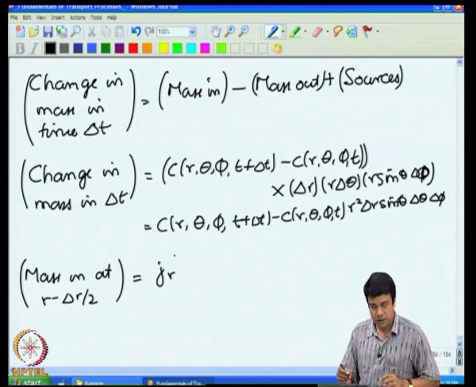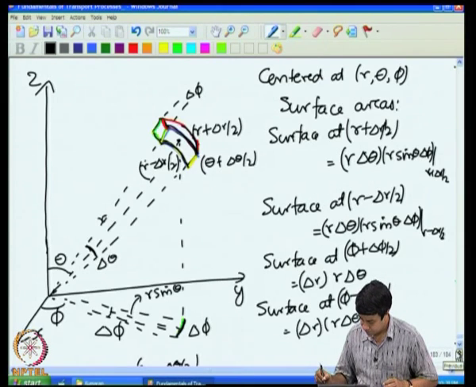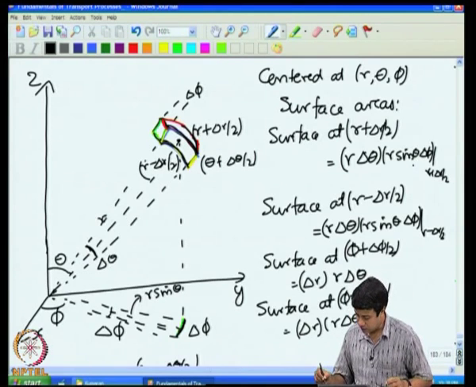the flux Jr, the component of the flux along the Er direction, times the area. The area of that surface is equal to r delta theta times r sin theta delta phi.